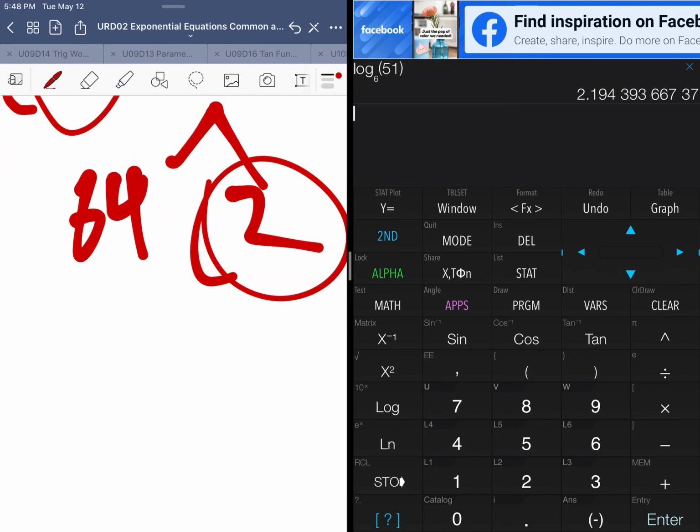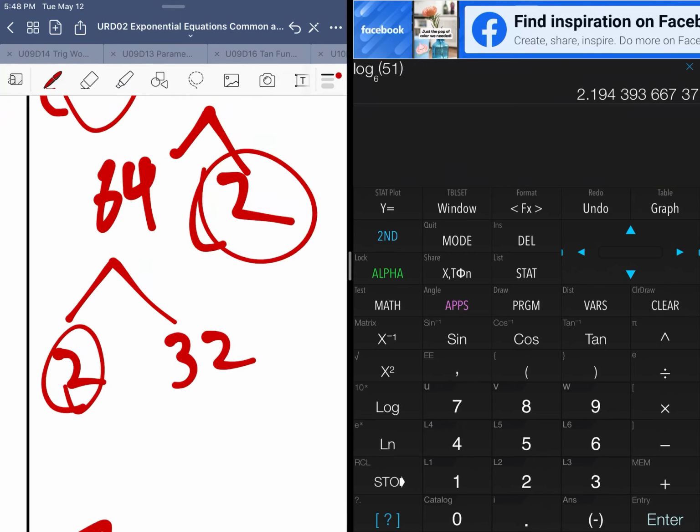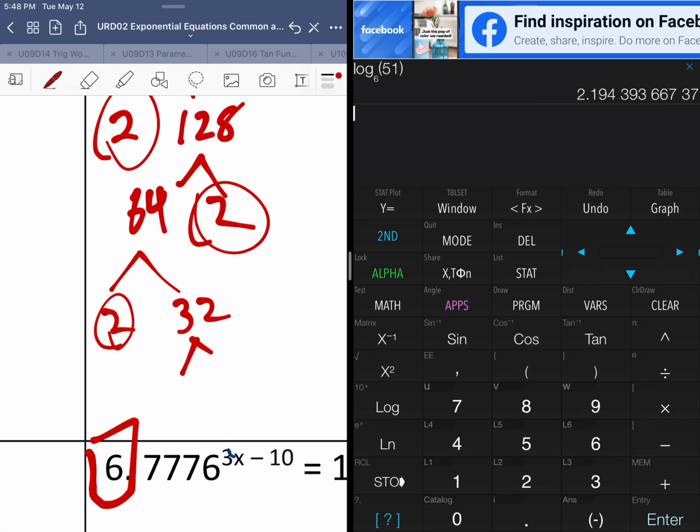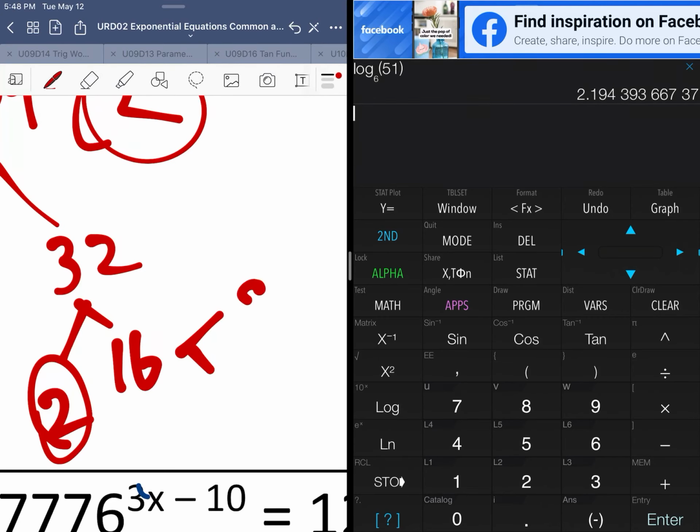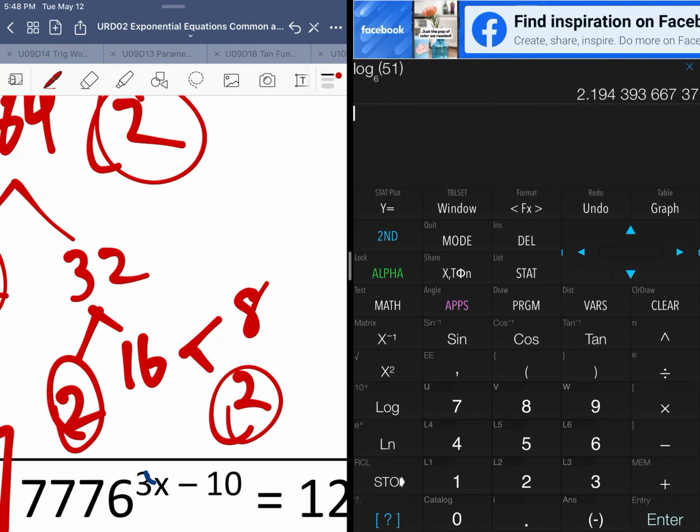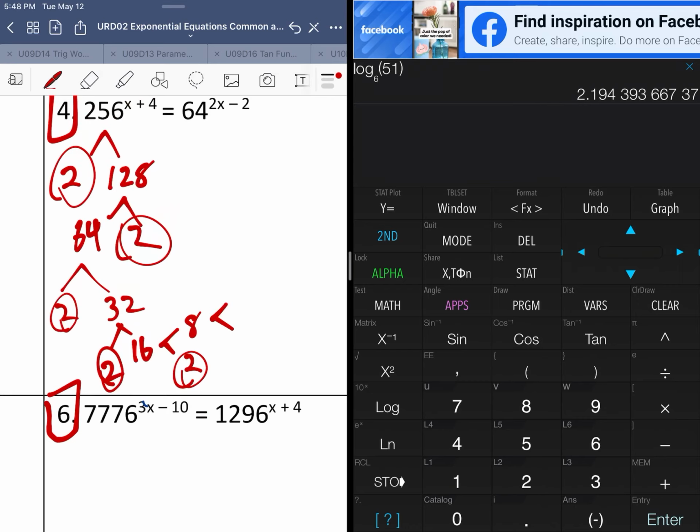So I have two 2's so far. 64 is going to be equal to 2 times 32. 32 is going to be equal to 2 times 16. And 16 is going to be equal to 8 times 2. 8 is going to be equal to 4 times 2. And 4 is going to be equal to 2 times 2. And both of these are prime numbers. All the numbers here are now prime numbers.